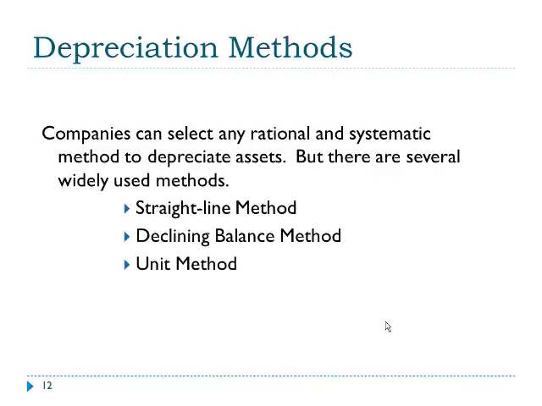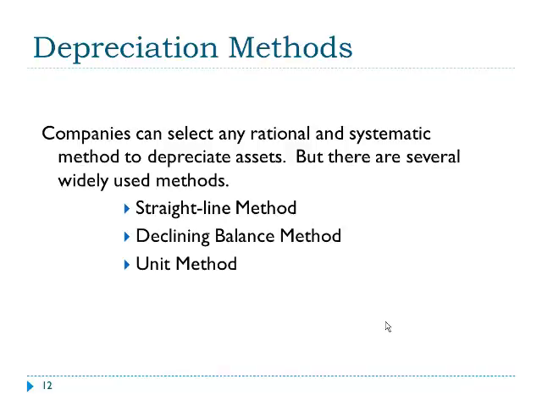We're going to look at 3 depreciation methods. The straight line method is the most commonly used method in accounting. The declining balance method we're going to illustrate because it's an accelerated method that is built into our tax code, so you will meet the declining balance method even if your company uses straight line method.